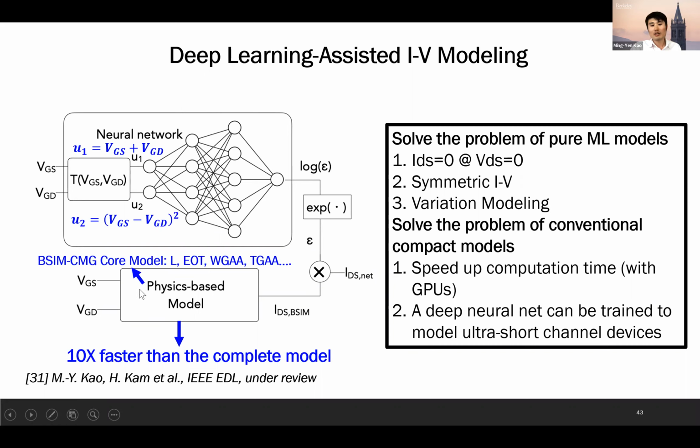I did some estimation that the computation time is 10 times less, a very rough estimation. It's probably 10 times faster. And this will be the bottleneck, right? Because here the deep neural network can be processed in parallel in the inference stage, and this should be much faster than this physics-based model.